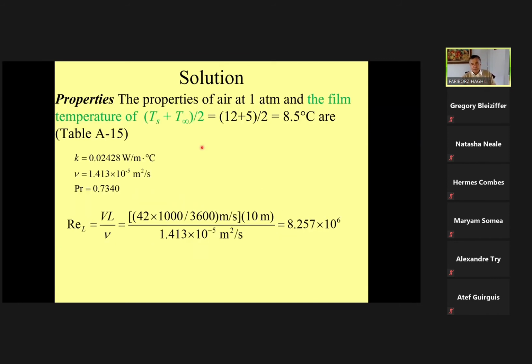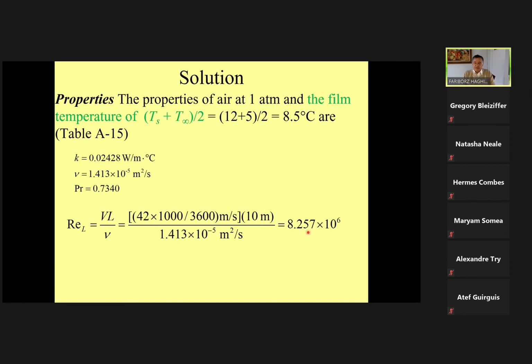Therefore, you have 42 kilometers times 1000 to change it to meters, divided by seconds, so this becomes meters per second. And the length, we're talking about the length because the wind goes along the length. This is the length, and here is the kinematic viscosity that we have.